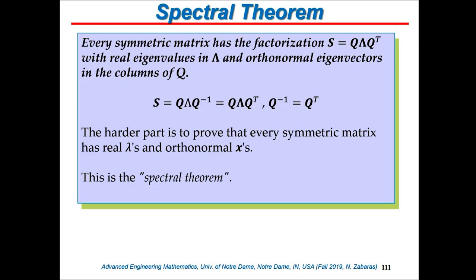That's the spectral theorem. Okay, and again, the spectral theorem is this diagonalization of a matrix by representing it in this eigen form implied by the equation that you see in the middle of this slide.